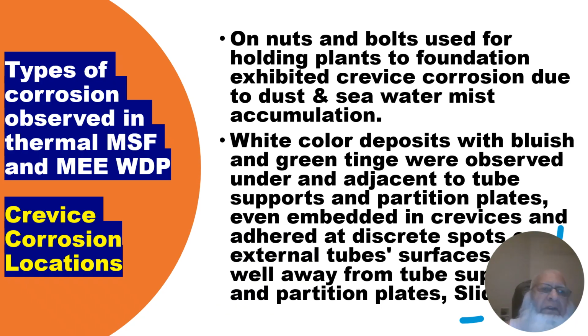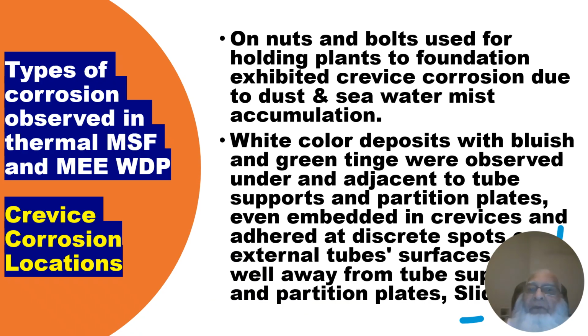This slide shows locations of crevice corrosion as observed in thermal MSF and MEE water desalination plants. Nuts and bolts used for holding plants to foundation exhibited crevice corrosion due to dust and seawater mist accumulation.